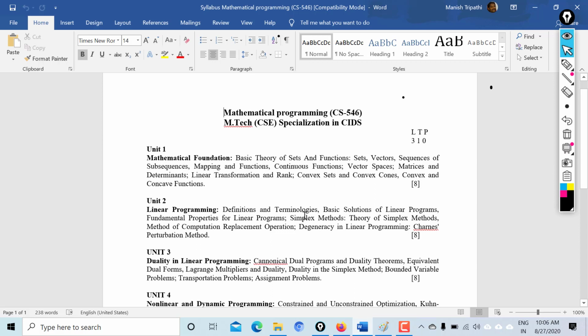Second is the method of computation, replacement operation, degeneracy in linear programming, chance. After that, the last part is the perturbation method.